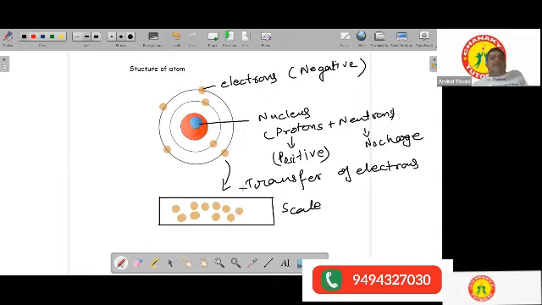And hence it starts attracting those bits of paper. Got it? Okay. So the negative charges are represented by this E symbol. So this is negative charge or electron.